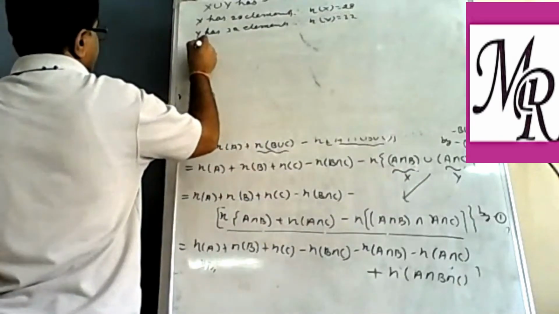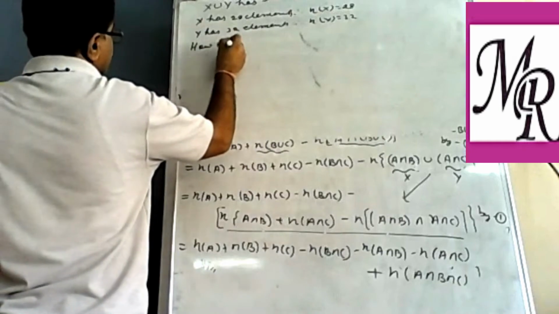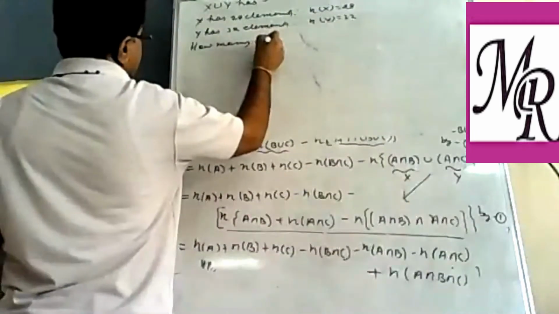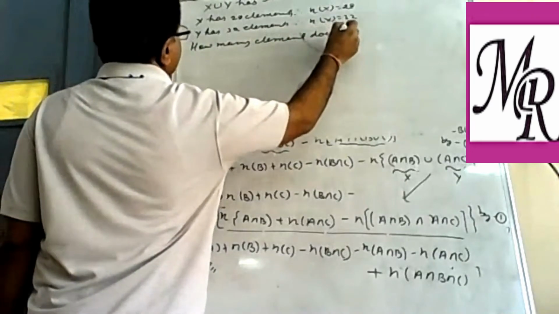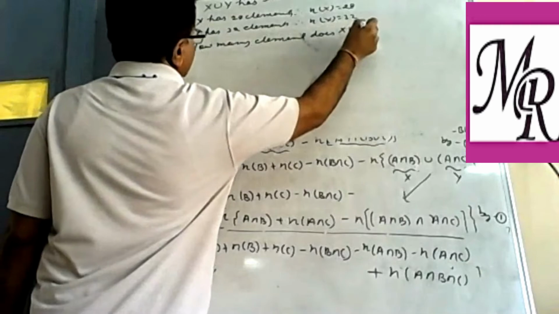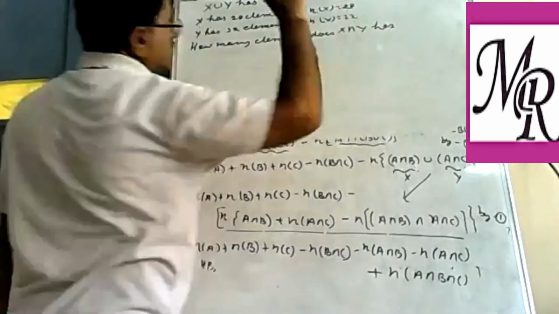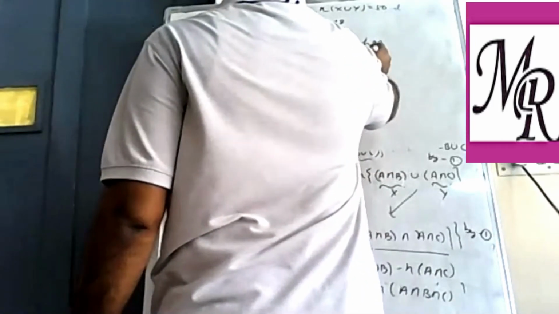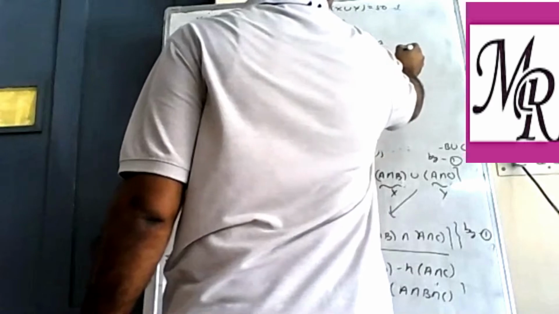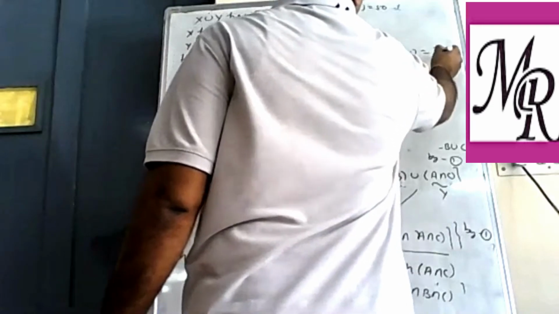How many elements does X intersection Y have? That is, you have to find the number of elements in X intersection Y.